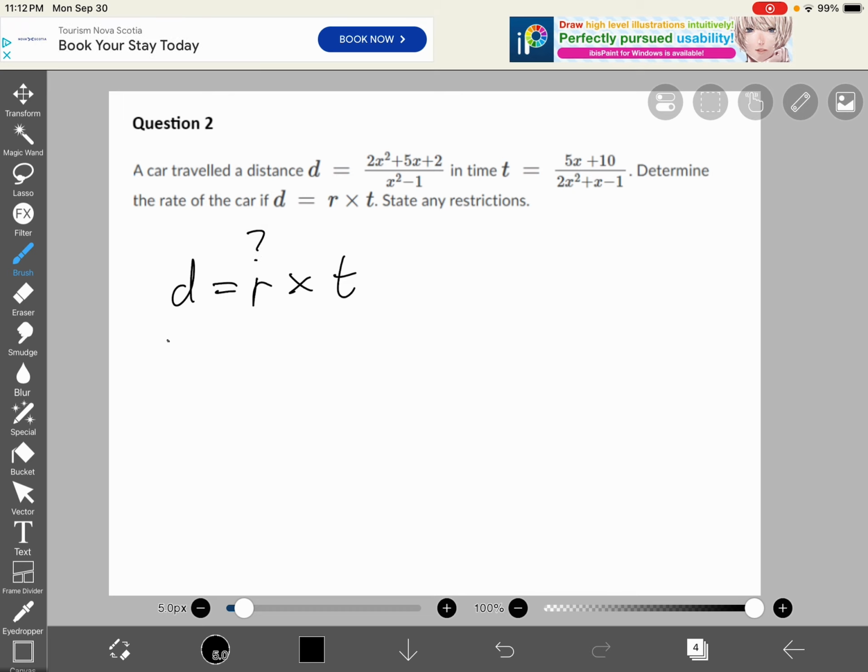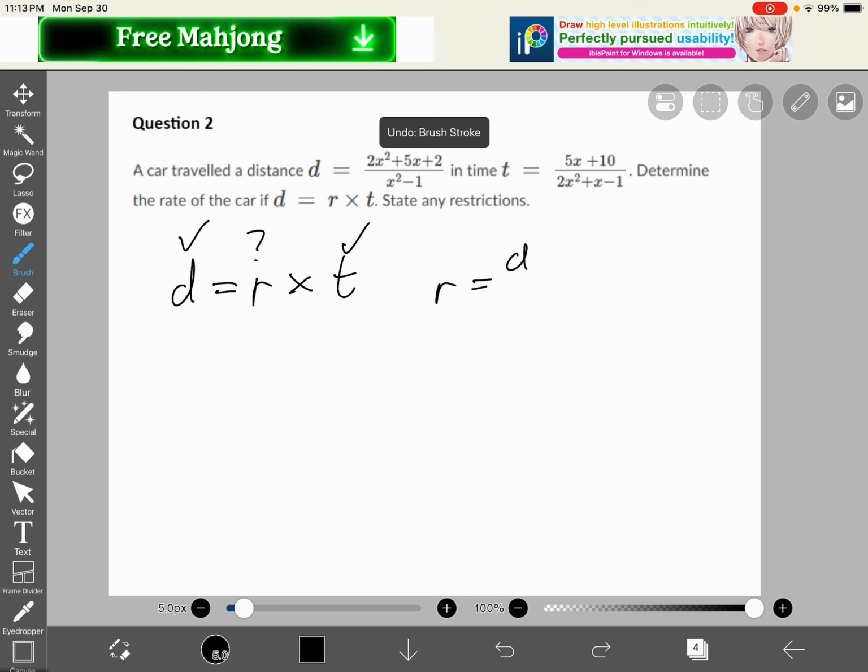We have d and you have t. We can rewrite this equation into r equals d over t. And that's what we're going to do.